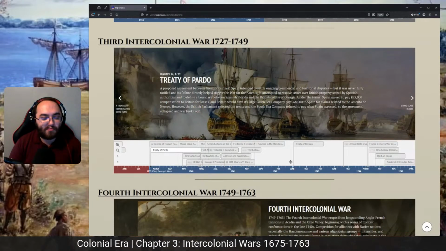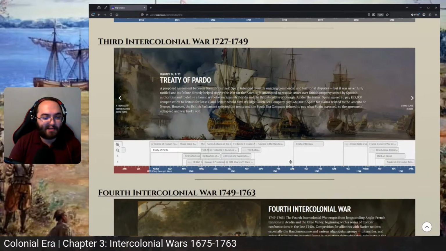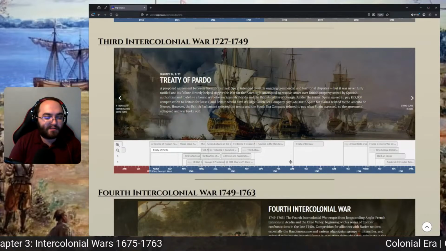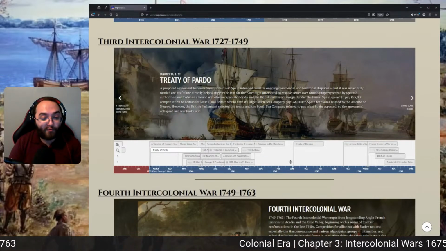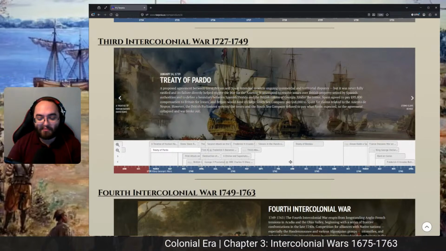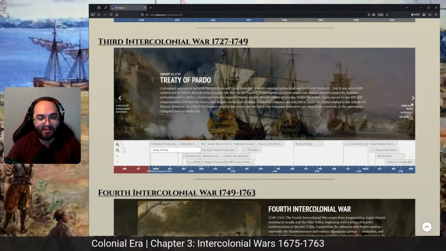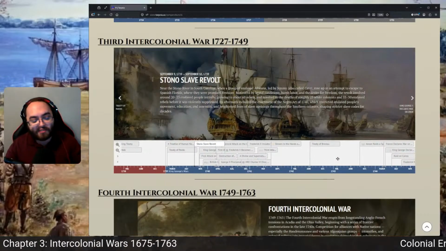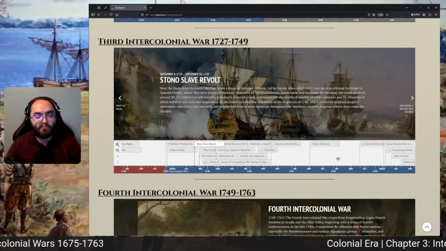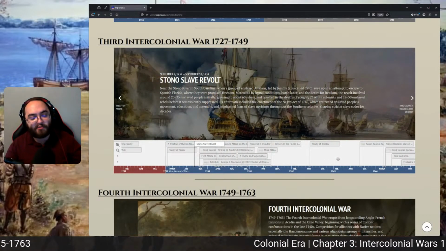It's even more ridiculous than anything else on this timeline. This conflict between Spain and Britain over the Asiento is just a ridiculous development. And this is the war for the Asiento, which people call the war for Jenkins' Ear.